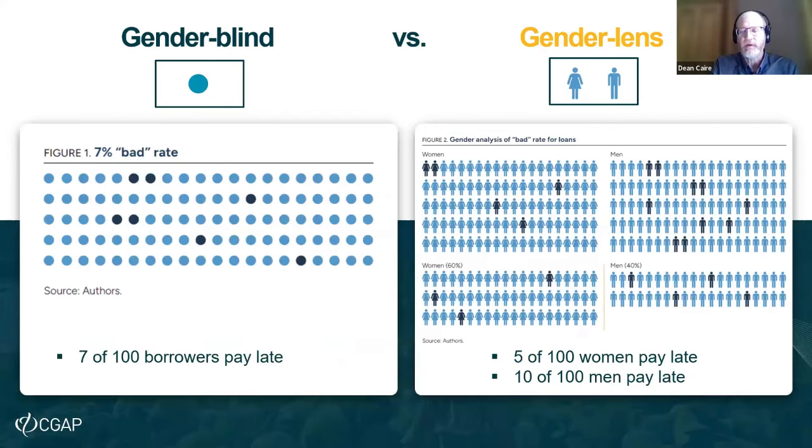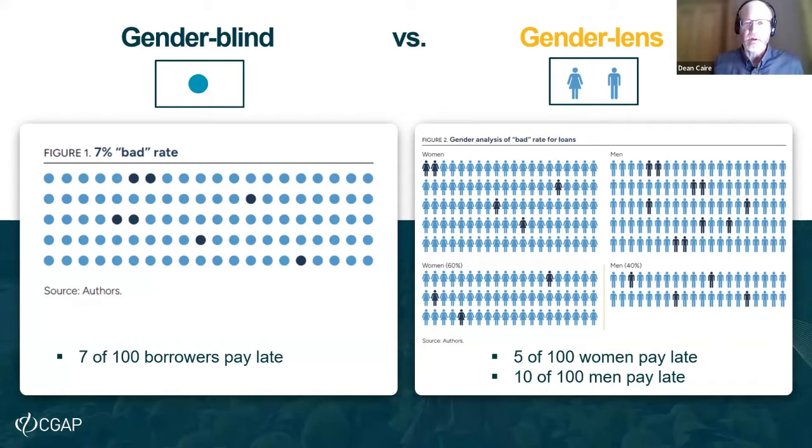So what you get from gender lens analysis then, so you've done that table, right? This is just a way I like to illustrate that if all you knew was your delinquency rate, which was 7% on average, without the gender lens, you know that if you continue lending according to the policies you've been using, so whatever your minimum lending criteria and underwriting standards, and when someone meets all of those standards you issue the loan, you know from your past experience that for 100 loans, 7 of the borrowers are likely to go into delinquency or go bad.